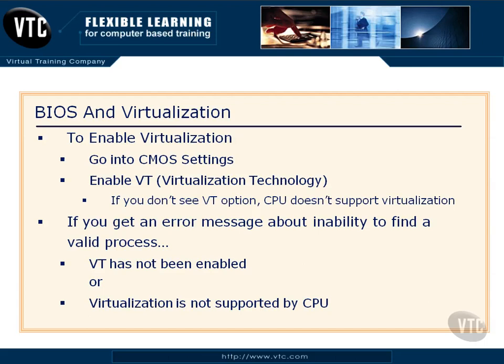Watch for that question on the exam. Watch for any number of questions about that scenario. But just keep in mind, virtualization usually has to be enabled in the BIOS using the CMOS settings functionality for it to work. So just watch for those questions and those situations on the exam and in real life when you're trying to do virtualization on your machines.